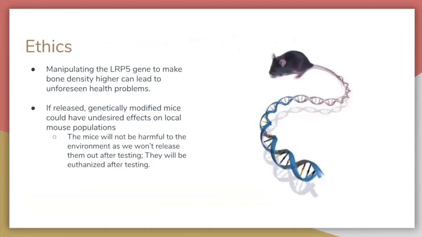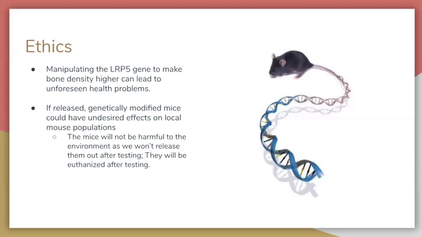And also the ethics surrounding this experiment would be that manipulating the LRP5 gene to make bone density higher could potentially lead to unforeseen health problems, because not a lot of research has been done on this gene in particular, and especially this mutation of it.